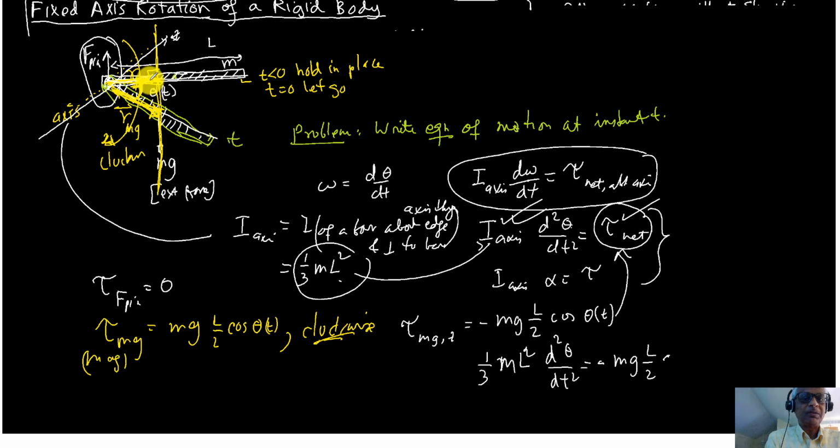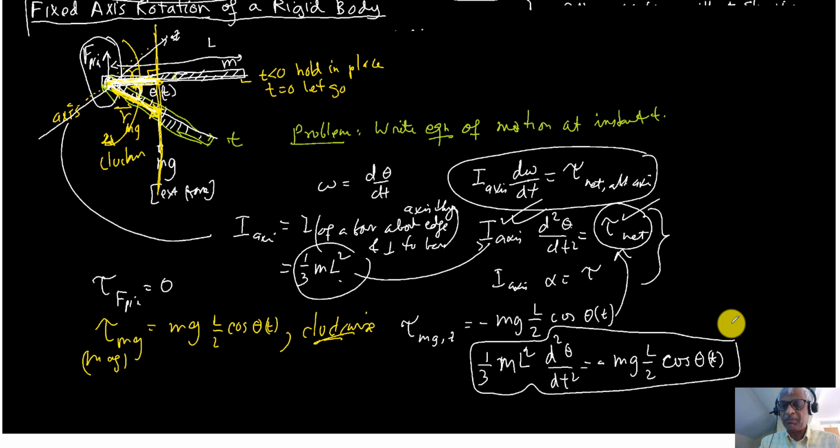From here to here, that distance is, if this is L over 2 and this is theta, then this is cosine theta of t. Of course, this equation is really hard to solve, but I just got an equation of motion. So this is the equation of motion.